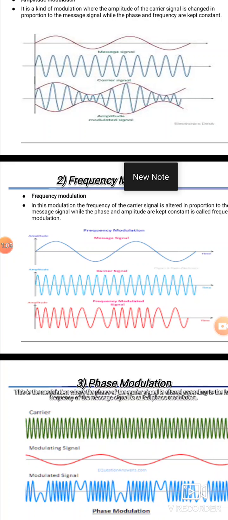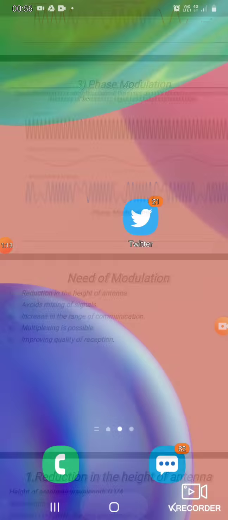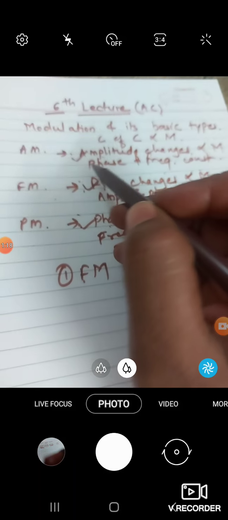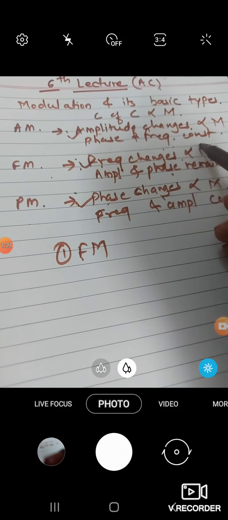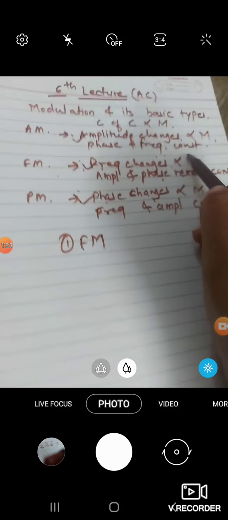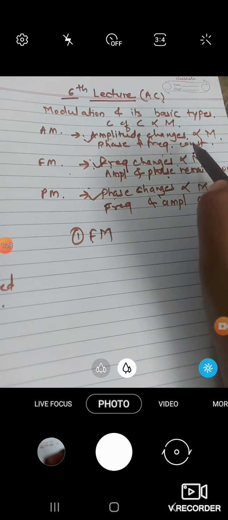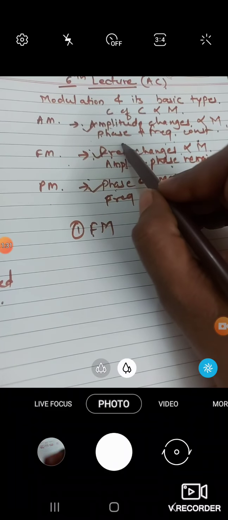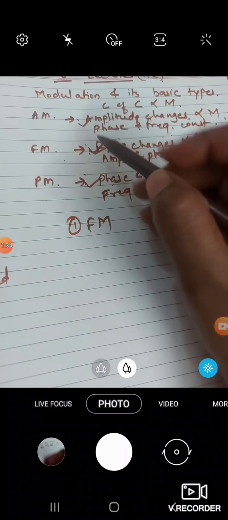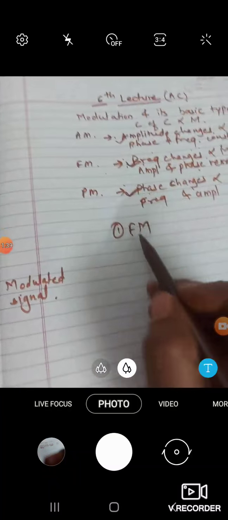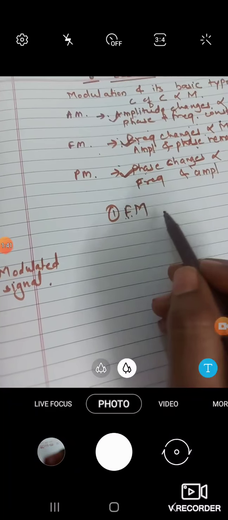Now we will see how to draw the waveforms for these modulated signals. As per the sequence, the first one is AM, but we will keep AM for last because it is somewhat critical to understand the waveform of AM. We will first complete the waveforms of frequency modulation and phase modulation. So we will see how to draw the waveforms for FM and PM.